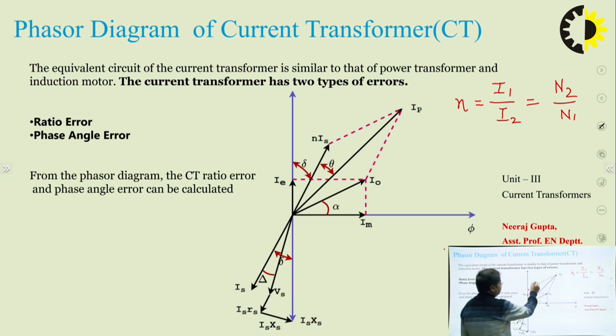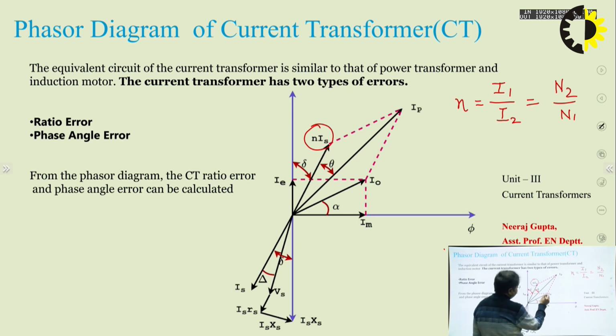So we have written this component as N times Is. The primary current is the resultant of I naught and this phasor, and as we complete this, we can find out the IP value.